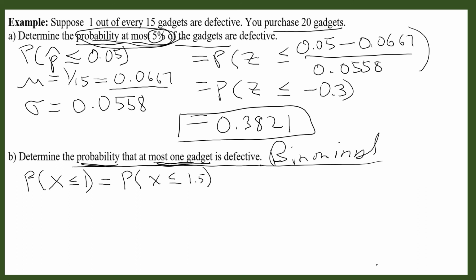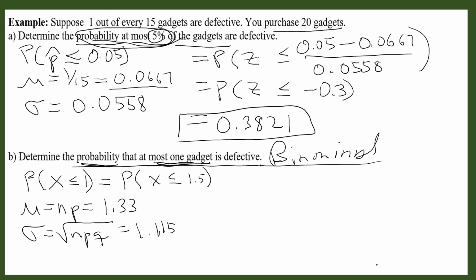I need to get to the table. The mean is now n times p. Show yourself that is equal to 1.33. The standard deviation is the square root of npq. Show yourself that is 1.1158. I'm ready for the table. The probability that z is less than or equal to 1.5 minus 1.33 divided by 1.1158.